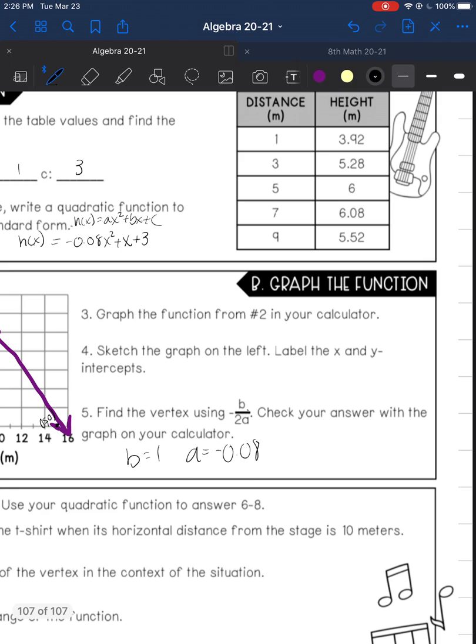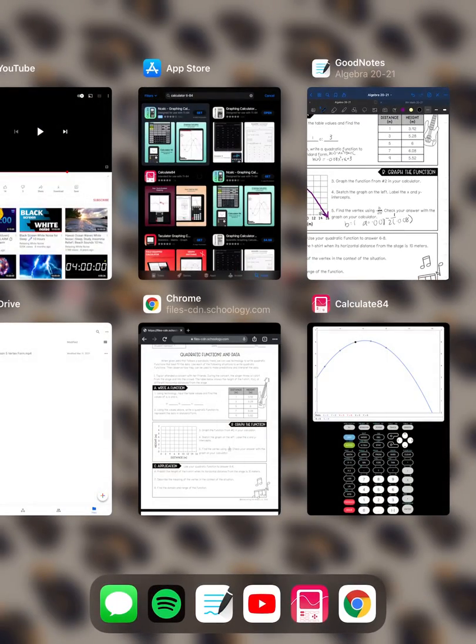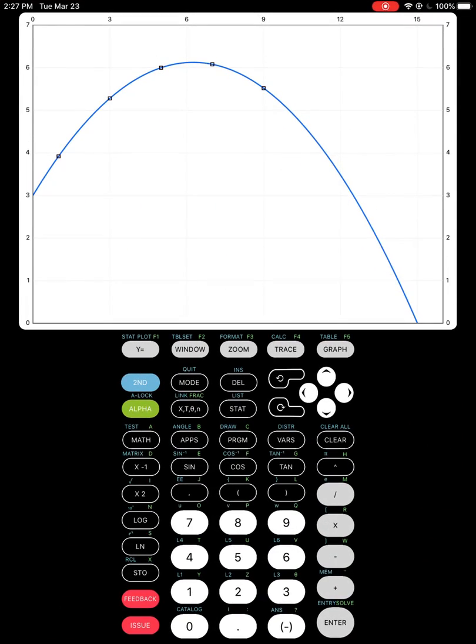So to find the vertex, would be 1 over negative 2 times negative 0.08. I'm going to go ahead and put that in the calculator so we can see what that's going to look like, if it'll work with me.